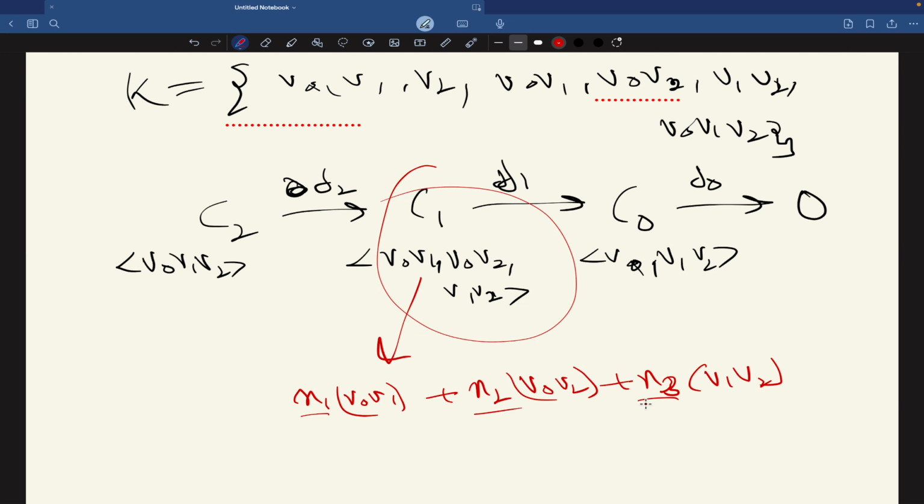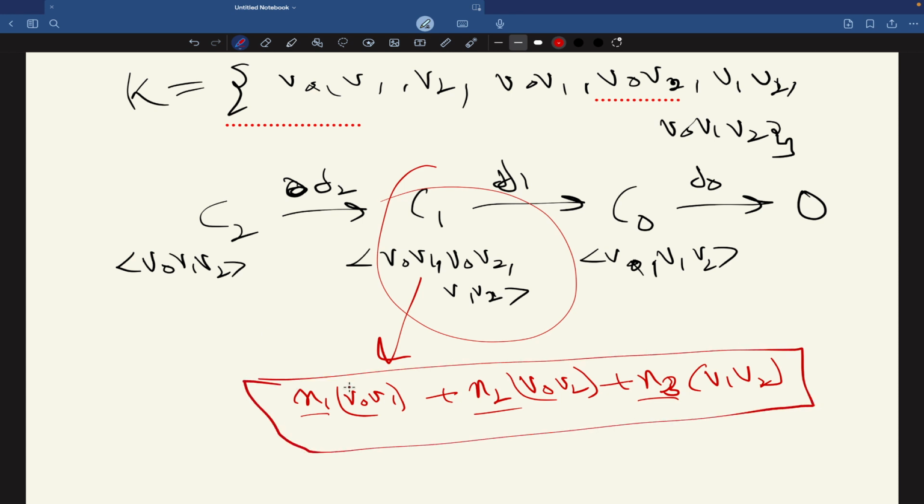They can be negative or positive. So this is a one-chain, or one vector, that belongs to the C1 vector space. Similarly, I can apply coefficients to the bases of each vector space, and I can generate many vectors by varying these coefficient values, right?